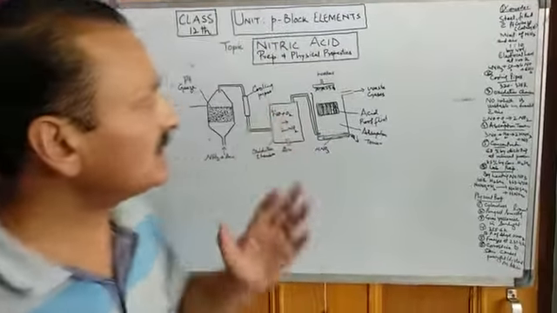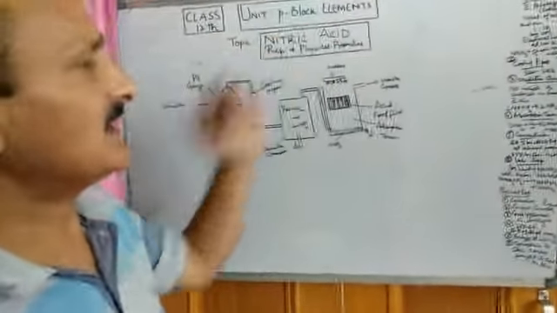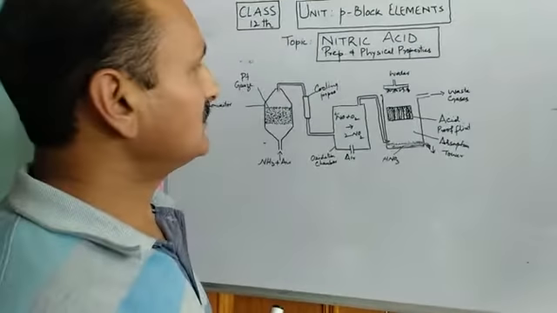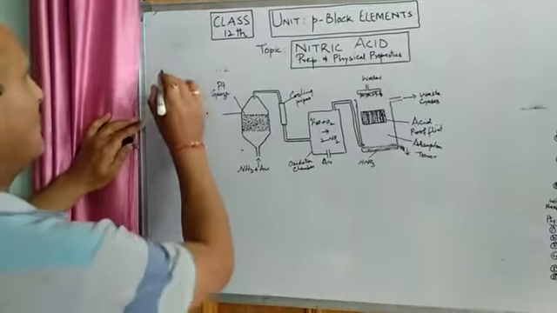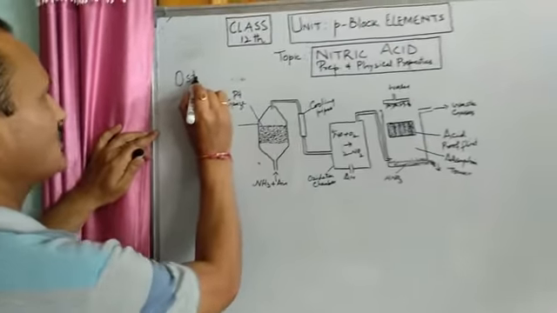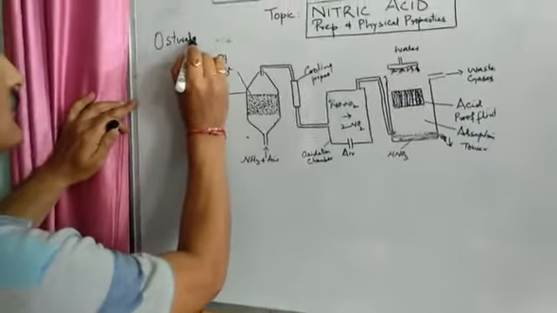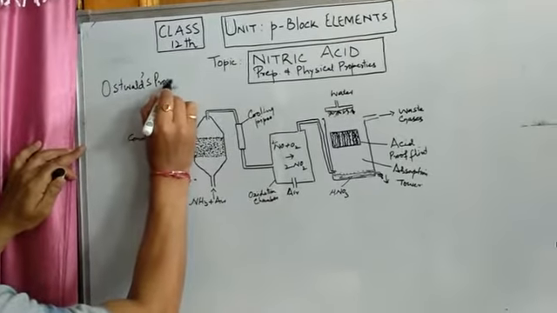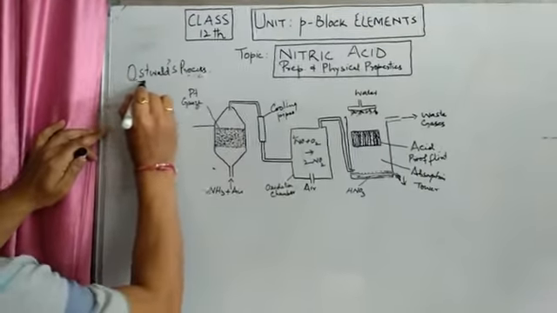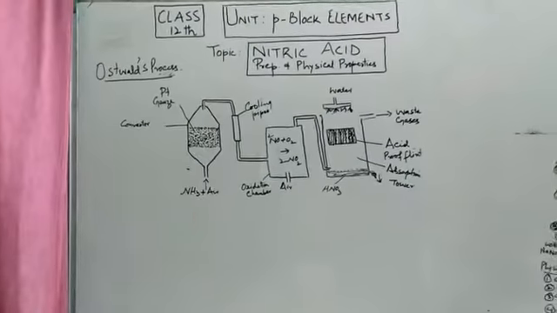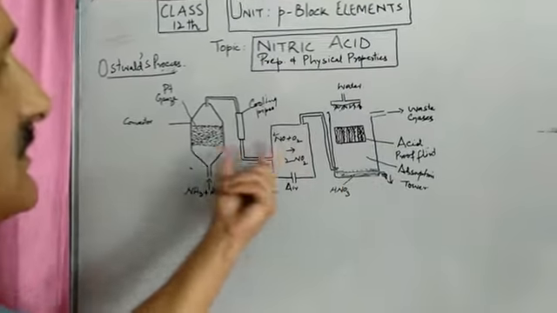So coming to nitric acid. Now first let us prepare nitric acid by a process known as Ostwald's process. In this process, we have a combination of these chambers.